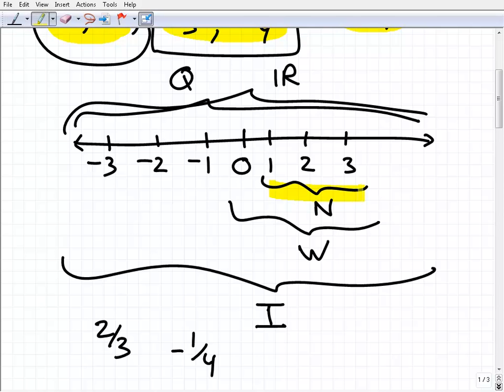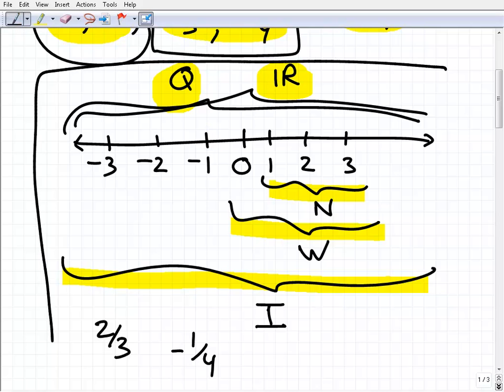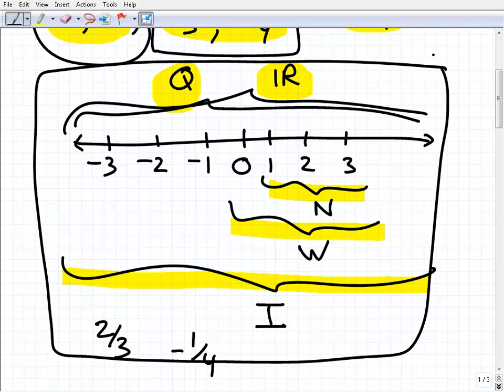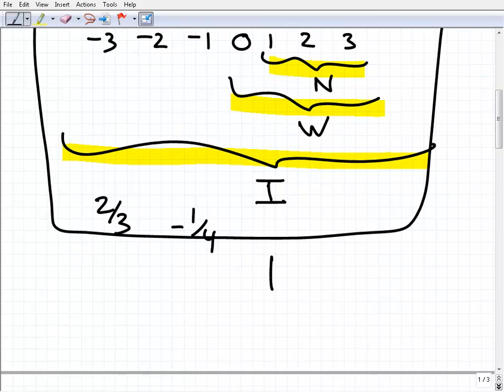We had these natural numbers, then we learned about whole numbers, then someone discovered integers, and then we figured out we have rational numbers and irrational numbers. All of these numbers put together are the real number system. Any number that exists on this real number line is a real number, and generally speaking, the abbreviation is a big capital R, the real number set.